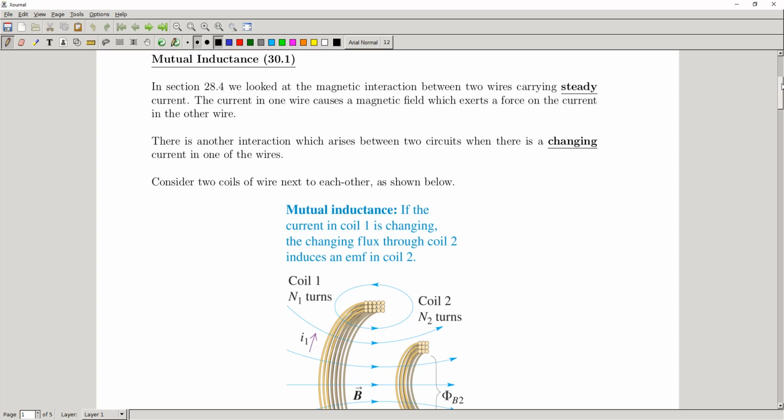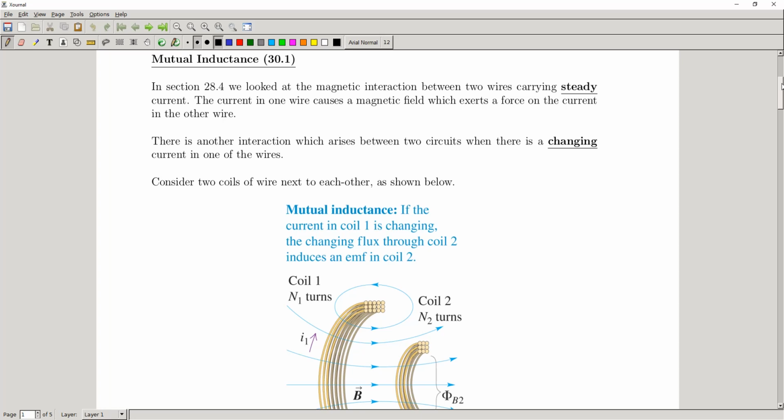In section 28.4, we looked at how the magnetic interaction between two wires that are carrying steady current works, right? So we saw that if one wire is carrying current, it produces a magnetic field. This magnetic field exerts a force on the other current-carrying wire, or the other chunk of current, right?